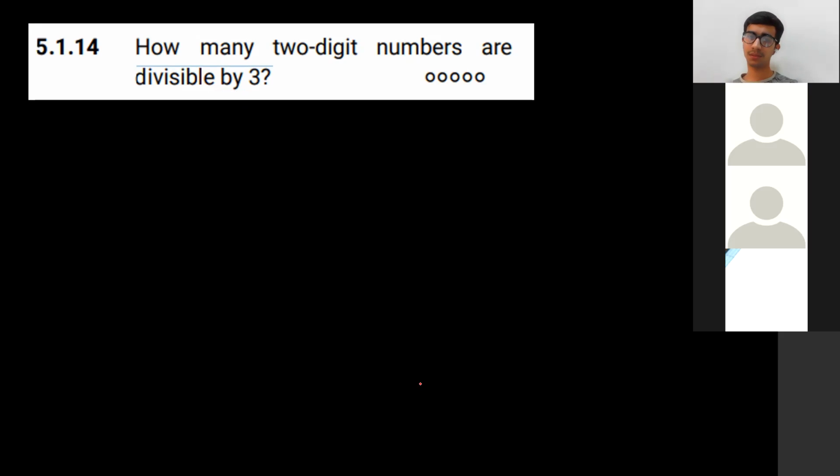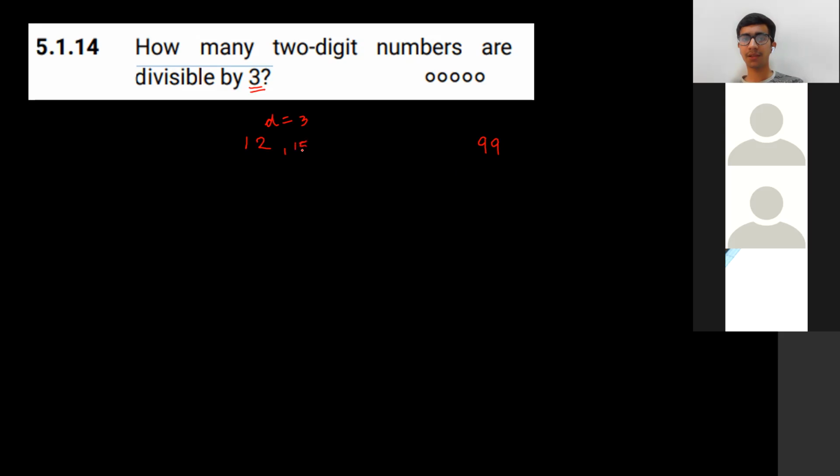Okay, Raghav has answered. I think the first term is 12 and the last term is 99. And of course, the common difference will be 3 because it's talking about divisibility by 3.